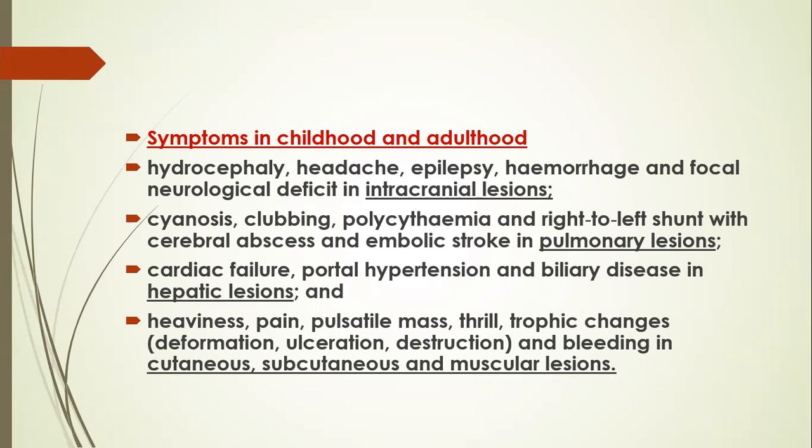If there are hepatic lesions, it may lead to cardiac failure, portal hypertension, and biliary disease. If the lesions are located only in cutaneous, subcutaneous, or muscle tissue, there is heaviness, pain, pulsatile mass, thrill, and trophic changes, which are deformation, ulceration, destruction, and bleeding.